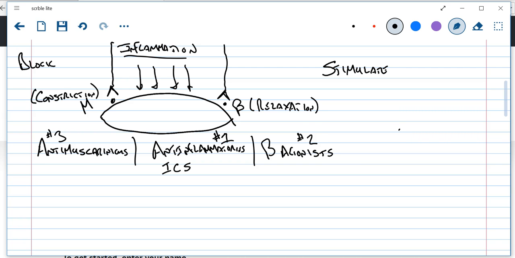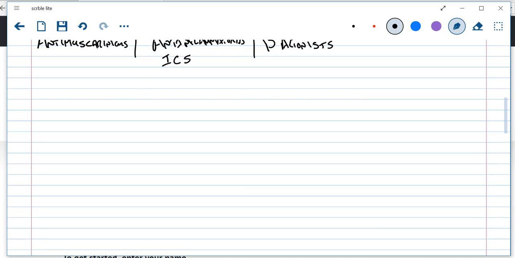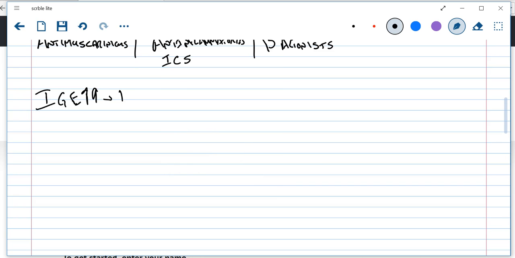Also, what we have going on from a pathology standpoint with asthma is we have a whole lot of IgE that is being released. And if you kind of go back to your patho class, you know that IgE is one of the major components in terms of the histamine cascade, right?